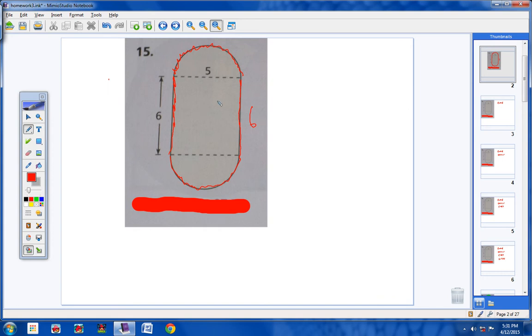So, if you think about it, how would you find the length around this circle? Let me give you a little thought. If I had an entire circle like this, it's not a very good circle, but if I asked you to find the distance around it, you would find the circumference.